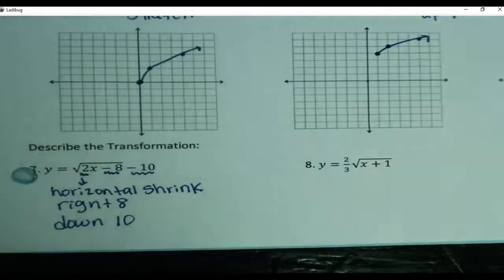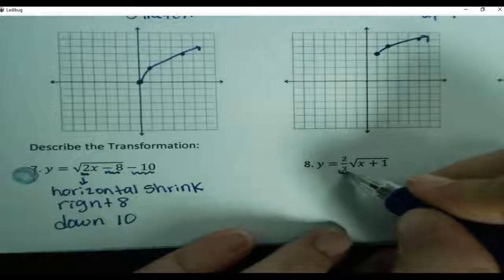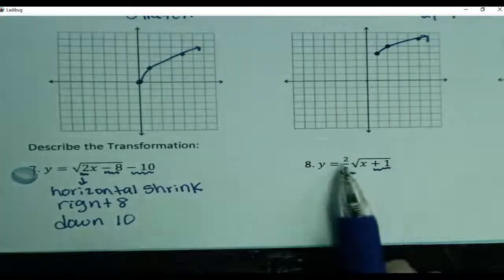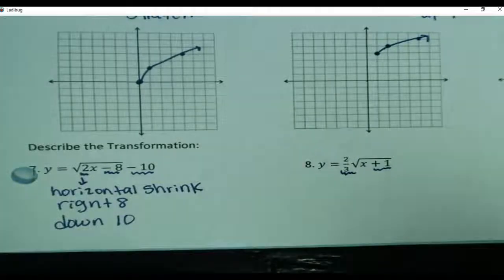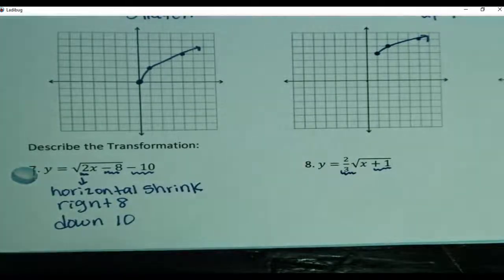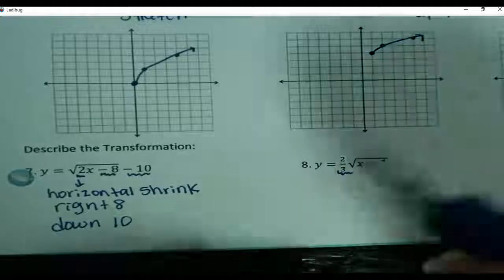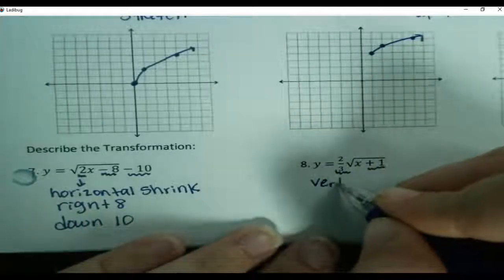Alright, let's look at 8. So 8, we have 2 things. We've got the 2/3 out front, and then the +1 inside. So if I have 2/3 out front, is 2/3 greater than 1 or less than 1? Less than 1. So then I go to less than 1 out front. Good. Is a vertical shrink.